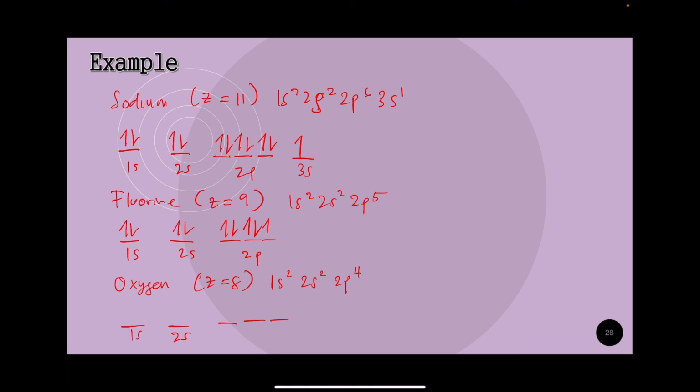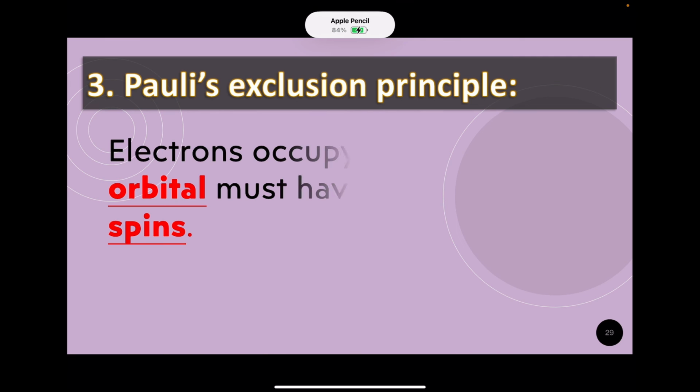We start to fill up the electrons in the orbitals. So 1s has 2 electrons, 2s has 2 electrons and 2p has 4 electrons: 1 2 3 and 4. So this is how to draw the orbital diagram using Hund's rule. I hope you understand Hund's rule.